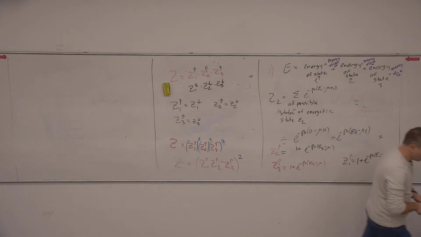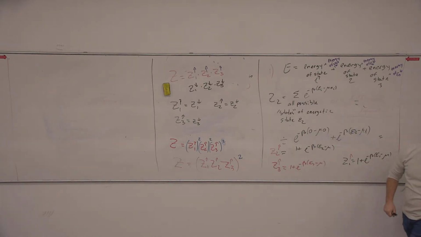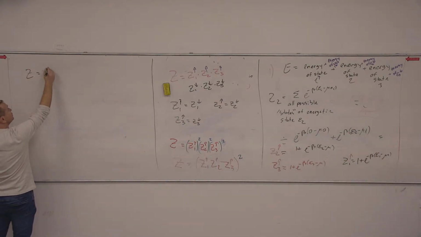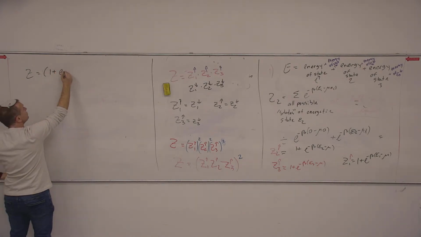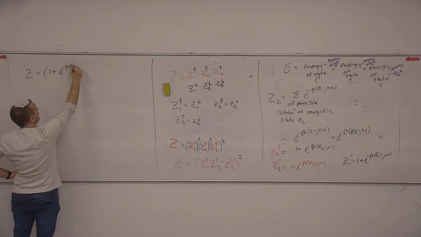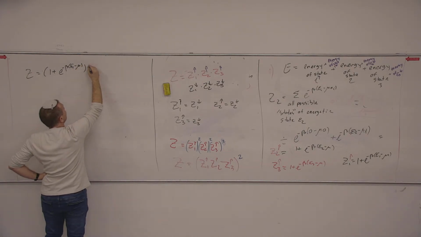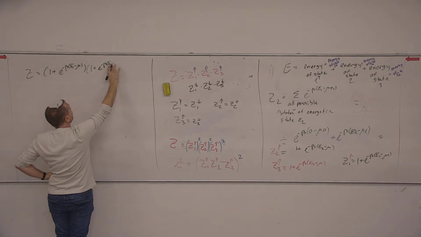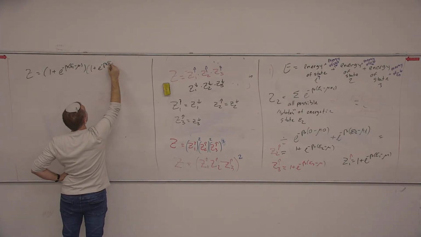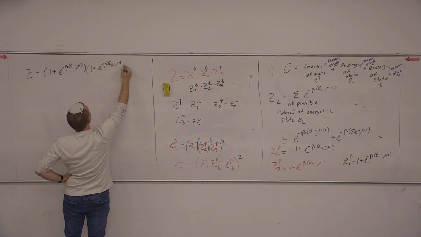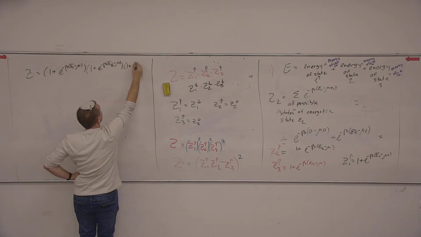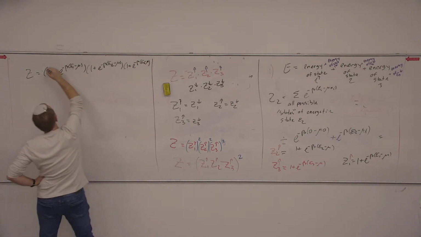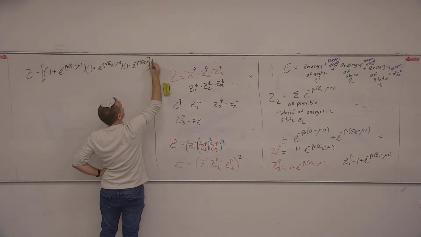So what we have is Z equals 1 plus e to the power minus beta (epsilon 1 minus mu), plus 1 plus e to the power minus beta (epsilon 2 minus mu), plus 1 plus e to the power minus beta (epsilon 3 minus mu), and all of this to the power of 2.